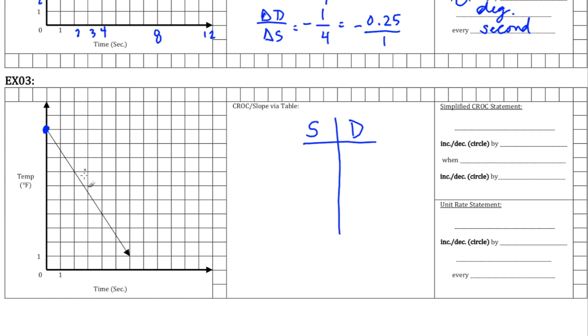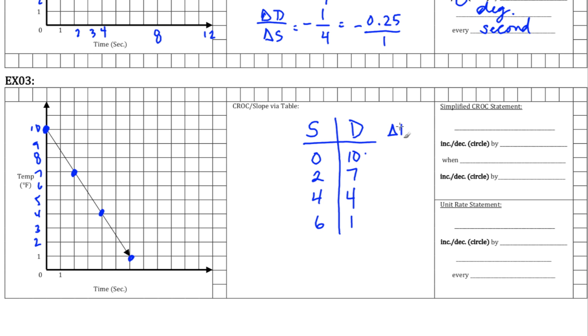Let's find these nice ones. So 0, 10. 2, 7. 4, 4. And 6, 1.